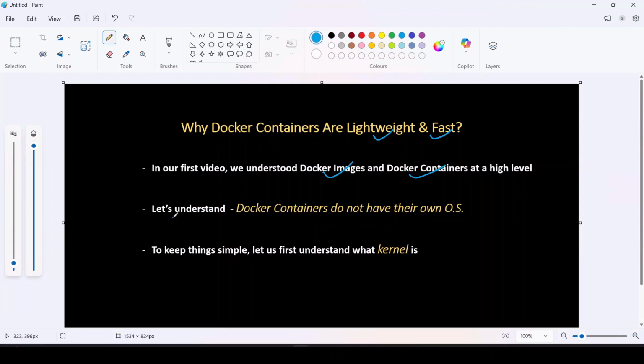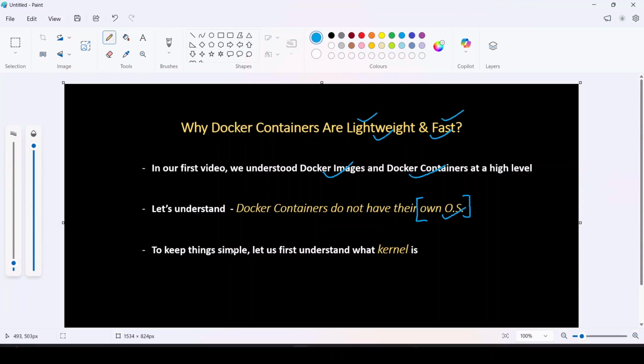Now in this video let us understand that Docker containers do not have their own operating system. Because Docker containers don't have their own operating system, the containers are lightweight and fast.